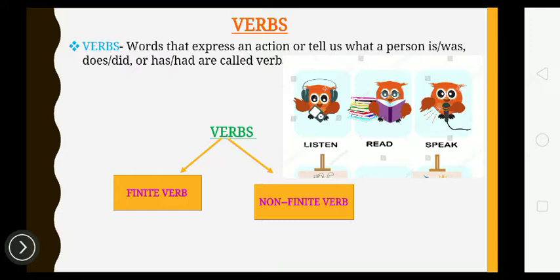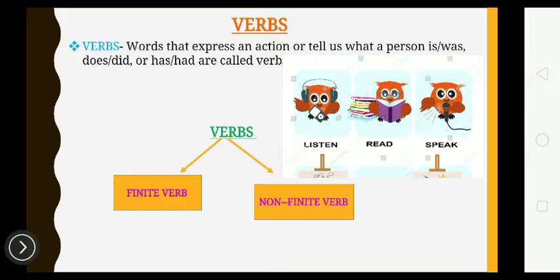Before moving on, we already know that there are three kinds of verb: doing verb, being verb and having verb. A doing verb indicates the action or work done by the subject, like play, eat, read, go. The second form, being verb, indicates being or existence of the subject, like is, am, are, will be, shall be, being, been.